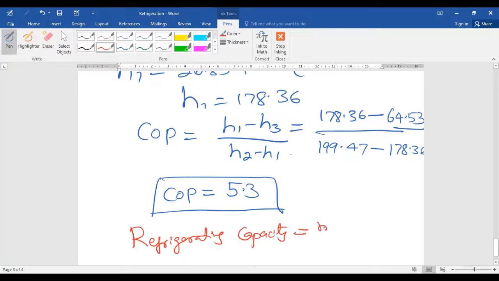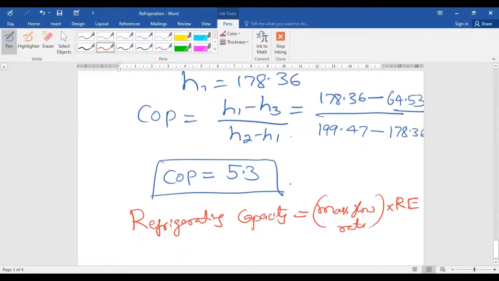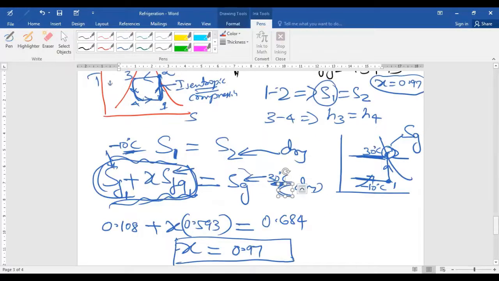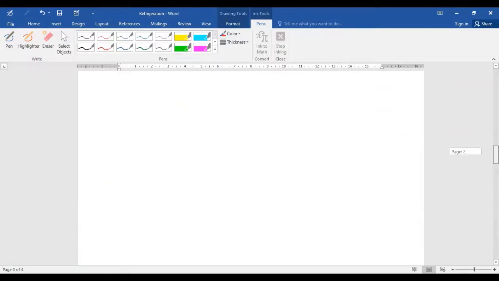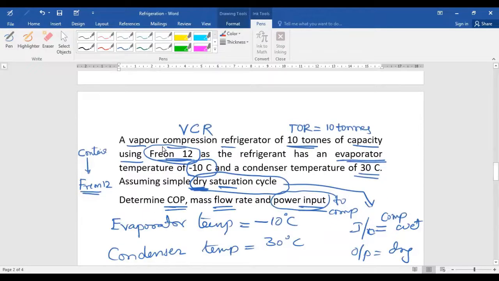Refrigerating capacity is equal to mass flow rate multiplied by refrigerating effect. This is the formula. So now the question is, what is the refrigerating capacity here? In the given numerical, go to the first page. He has given the refrigerating capacity as 10 tons. So 1 ton is 210 value. So for 10 tons you have to find out.